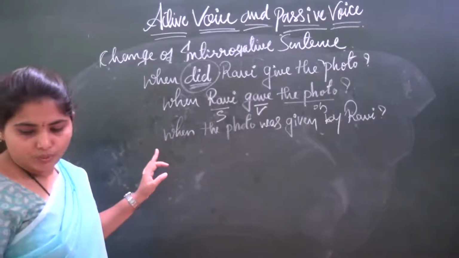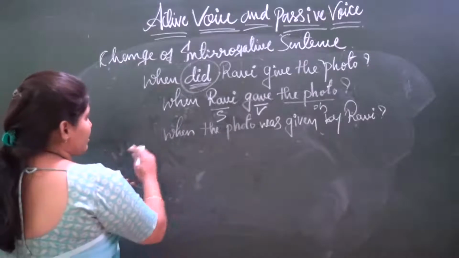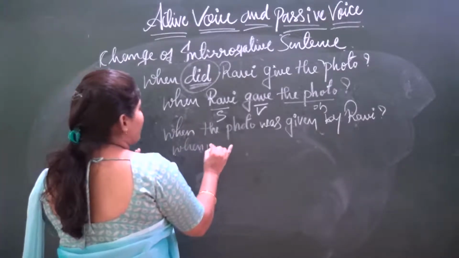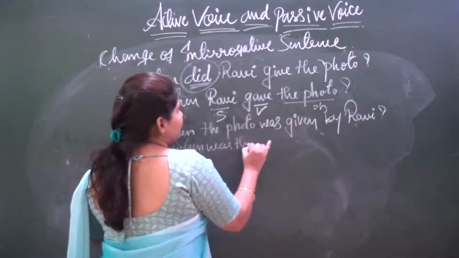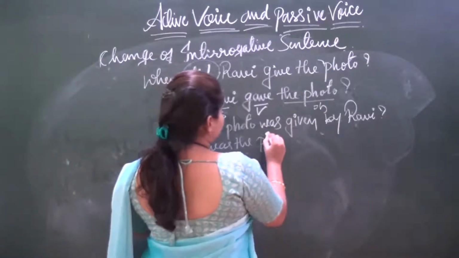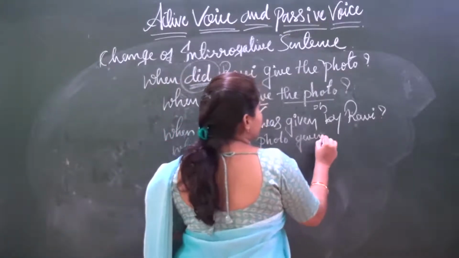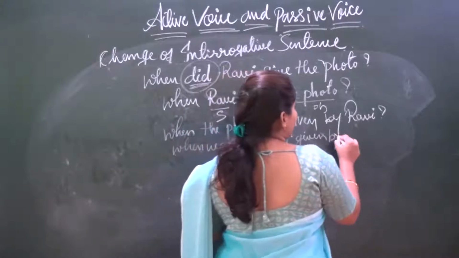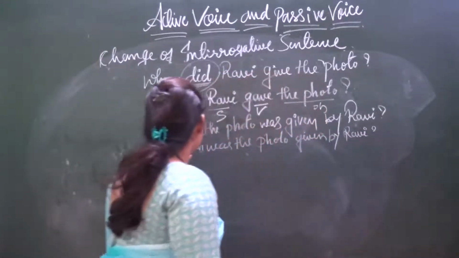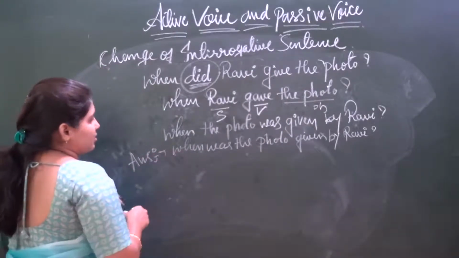When the photo was given by Ravi. So now just change it to an alternative here. When was the photo given by Ravi? So this is the complete answer to that question.